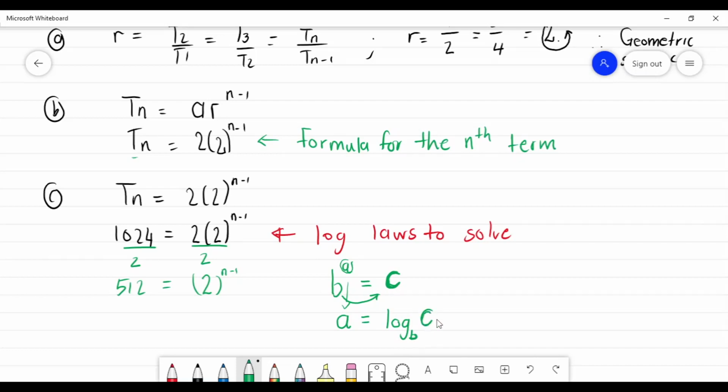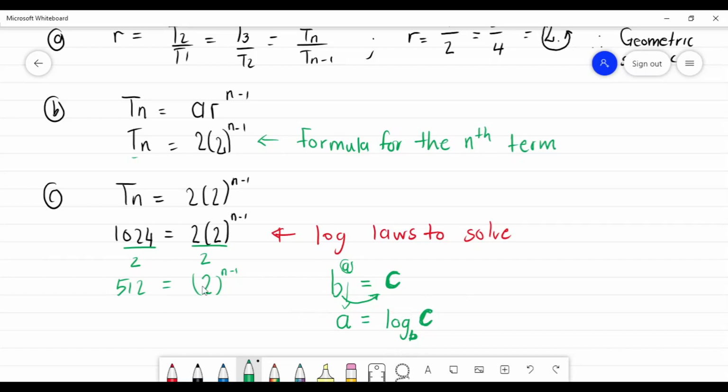Because this c still needs to be big, as it was on the right hand side, you leave it as a big c. And because this b moves from the left hand side to the right hand side, it needs to be small, like a subscript. So that is how we're going to solve for this.